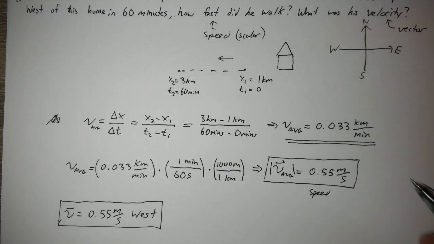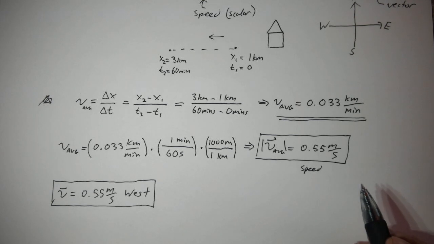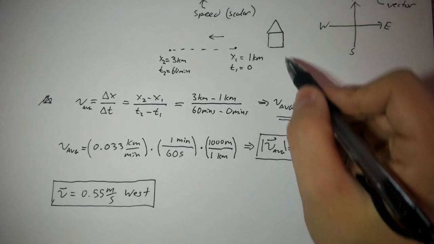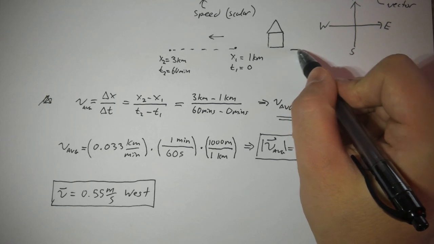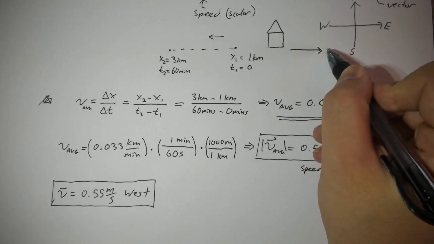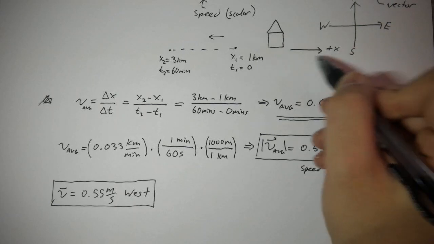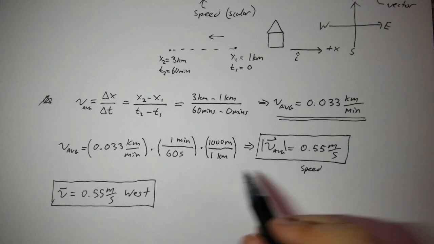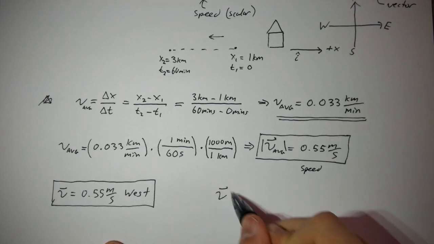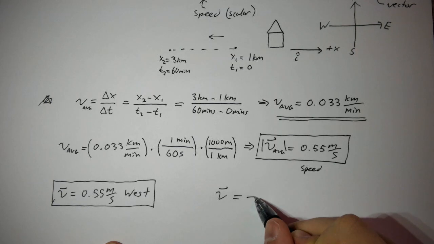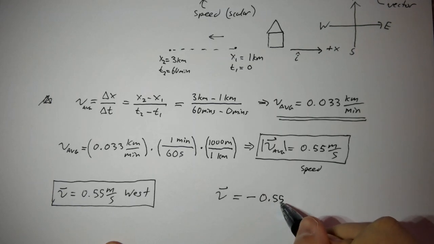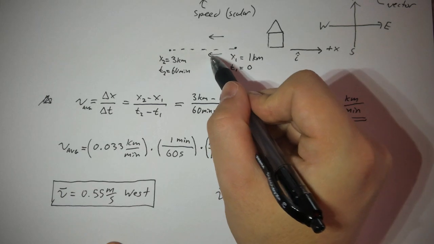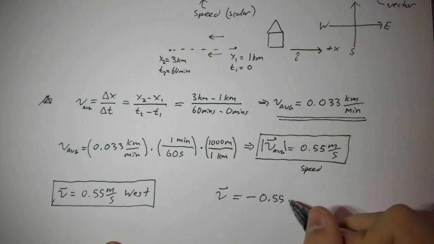Now, if you wanted to use unit vector notation, as usual, if we have our diagram, the right could be positive x. This could be the i hat direction, in which case our answer would become negative 0.55 because we're going this way, opposite to positive x.